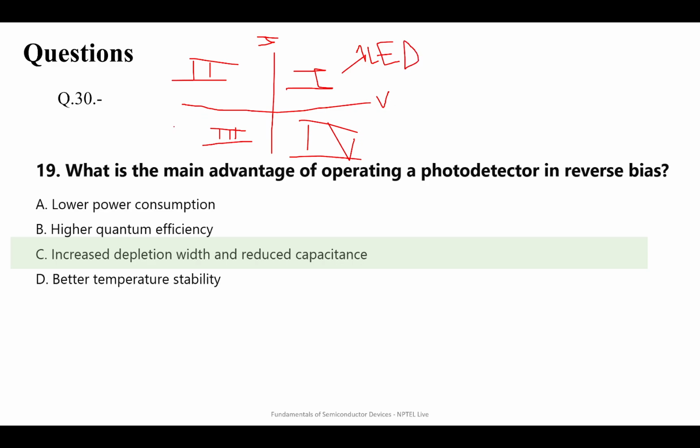Your photodetectors generally work in the reverse bias region, and your solar cells generally work in the fourth quadrant, because here you are talking about output power.